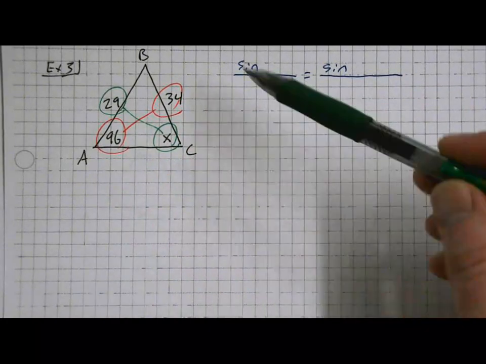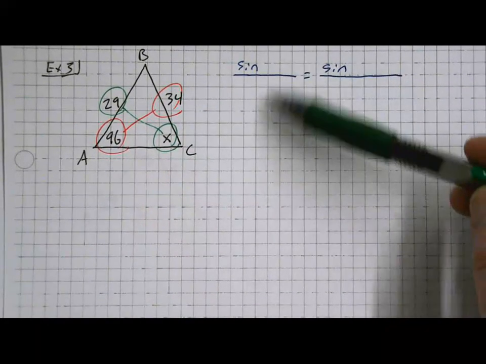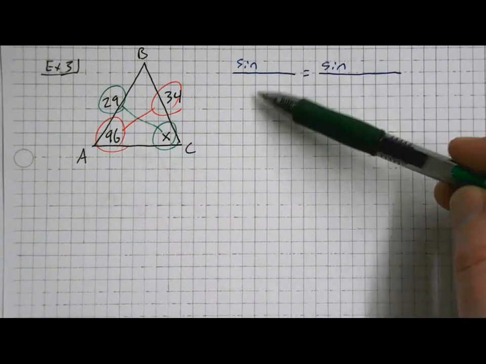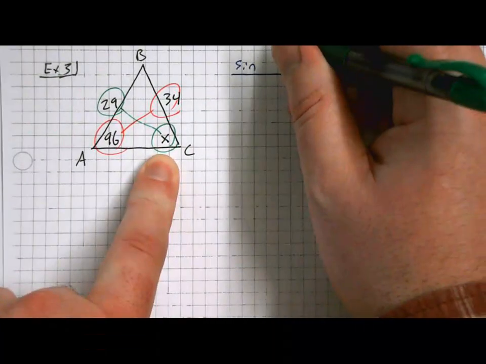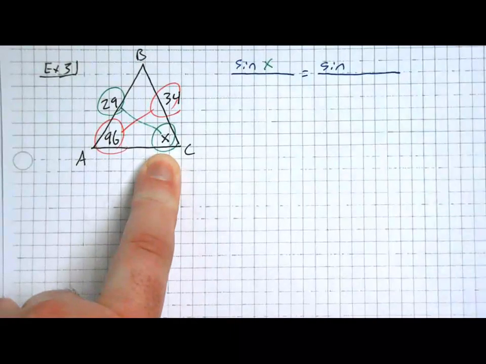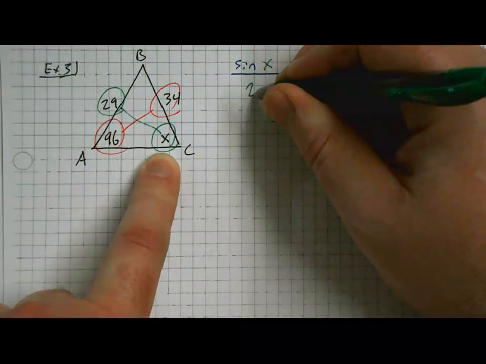So the x and the 29 is going to have to go into one of my fractions. Where'd you put the x? In the top or the bottom? X is the angle, so it needs to go inside the sine, right? Top. 29 is the side, so it goes in the bottom.